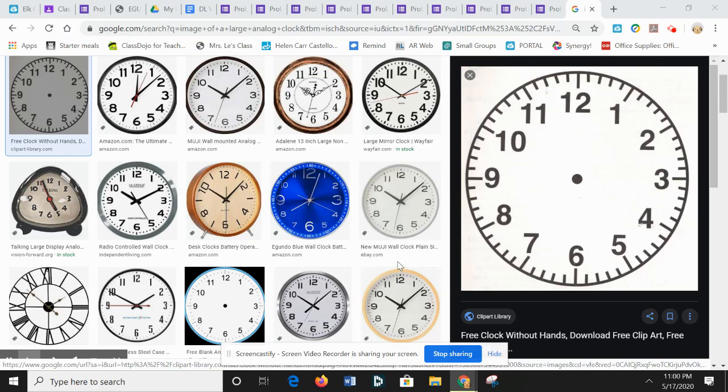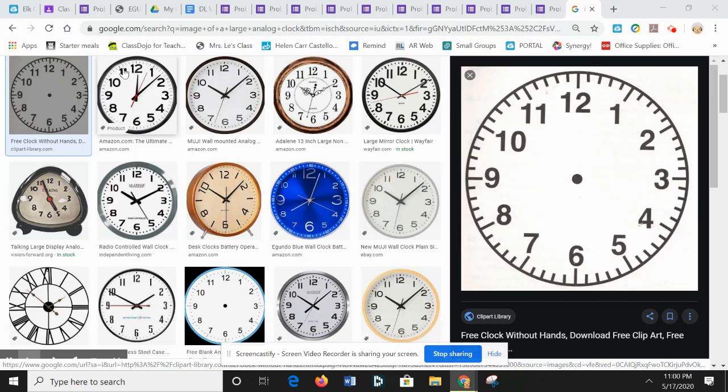Okay, so if I look at this clock up here, for instance, the shorter hand is the hour hand. It tells you what hour it is, and the longer hand is the minute hand. It tells you the minutes past the hour. So if you're on this side of the clock, remember we talked about the minutes past the hour.